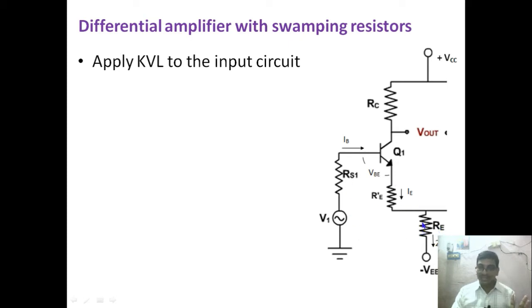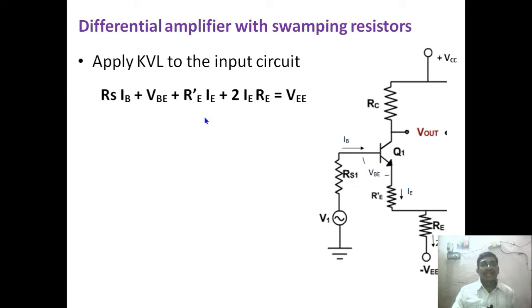In this loop we are going to apply the KVL formula. Here RS1 is taken as RS because RS1 is equal to RS2 is equal to RS. If we start from here, RS into IB plus VBE, the base to emitter voltage, plus this current IE into RE dash plus 2IE into RE is equal to VEE.